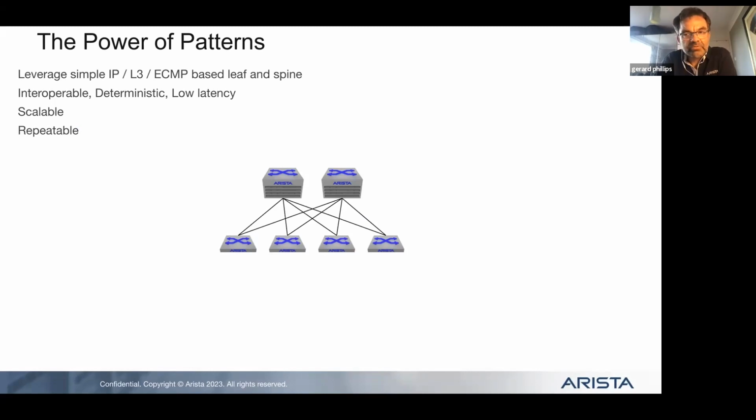And the move to leaf and spine, two-layer leaf and spine, layer 3, layer 2, whatever happens to be, ECMP-based networking, collapsing down those layers has led us to the ability to see this leaf and spine module as a reusable element in a very highly patternable set of deployment models. So let's jump to the next one and we'll see what I mean by that.